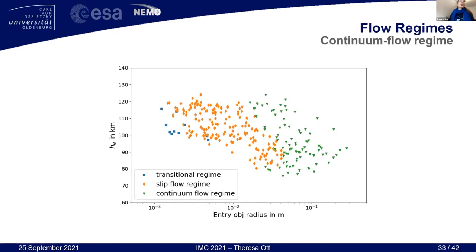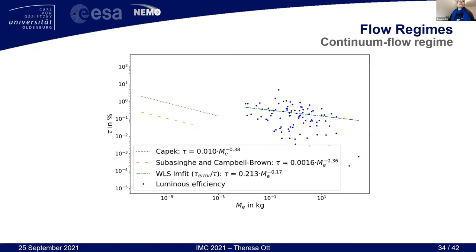One last thing that we looked at is the flow regimes encountered by the meteoroids. We find that most of our objects, based on the Knudsen number, are located in the slip flow regime or in the continuum flow regime, and all our equations should be valid in the continuum flow regime, which is what we then use to further constrain our data set.